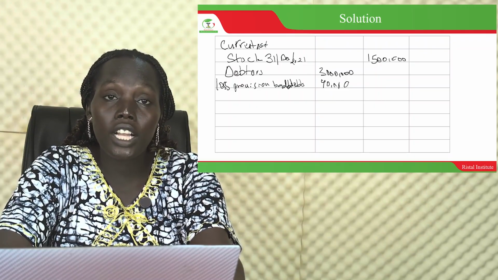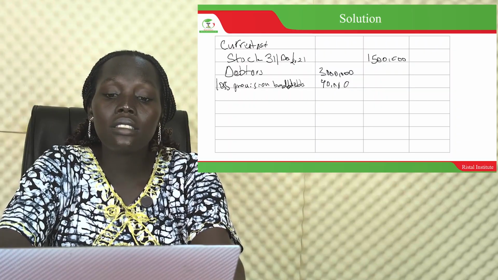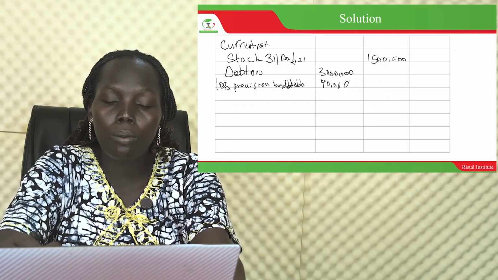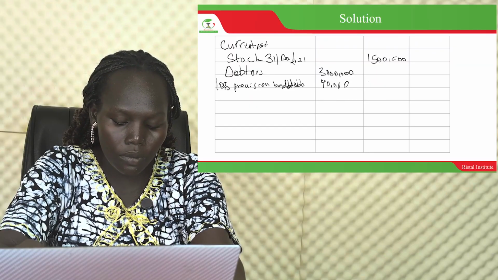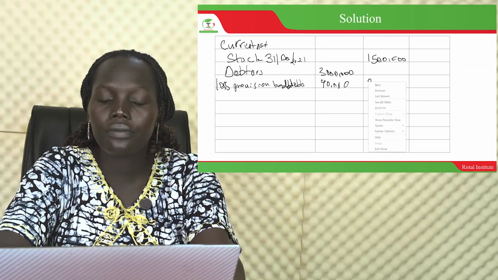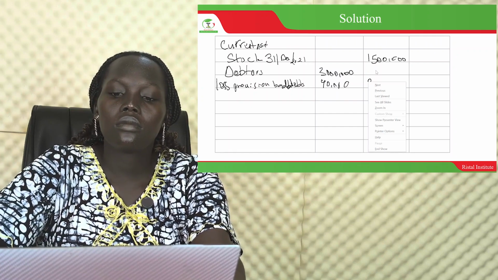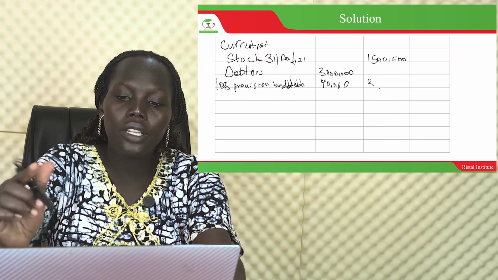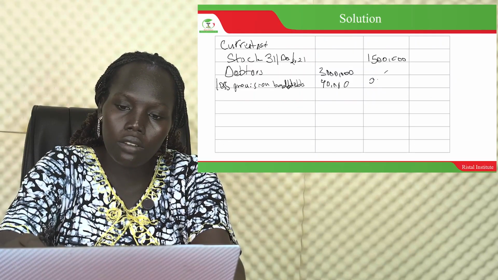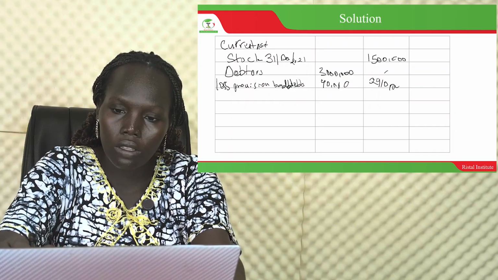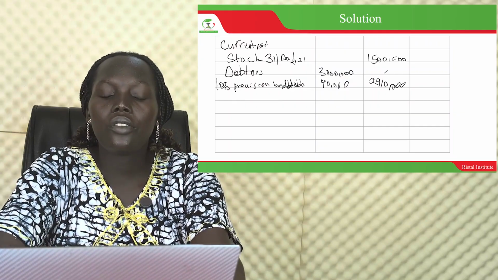So this is what we shall less, and then to get the total debtors, we get 2,910,000 as our debtors.